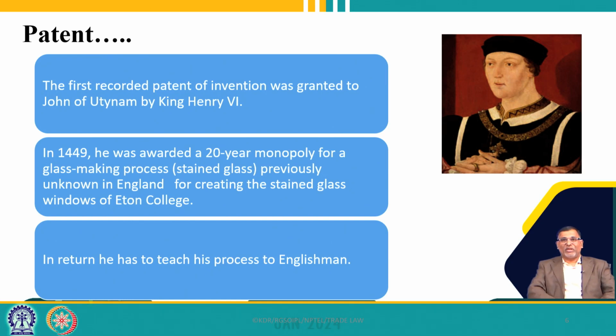You can see the coincidence, the patent was granted for 20 years for a glass making process, stained glass, which was unknown in England, and he made a stained glass window in Eton College.